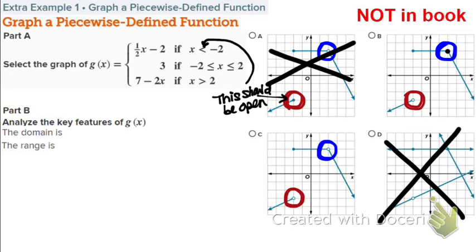Closed. Is this one closed on both sides? No. It's closed on this side, but that one's open over there. This one's closed. That one's open. What about this graph? They're both closed. So which one is it? It's B.